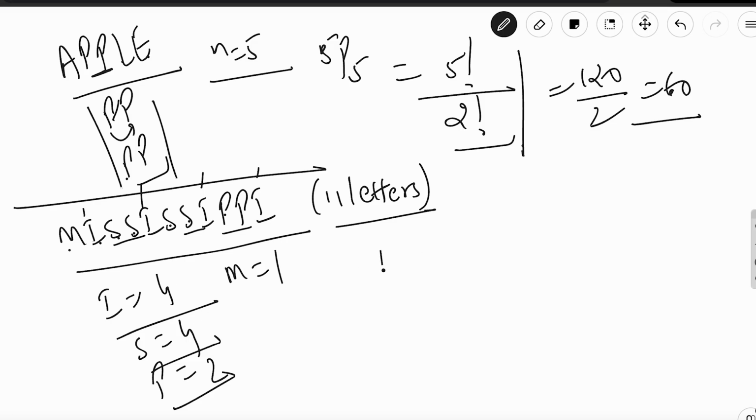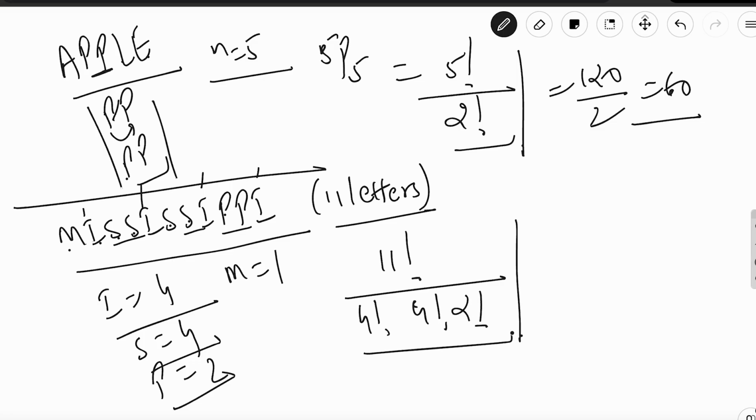So the total permutation will be 11 factorial divided by the repetition, which is 4 factorial into 4 factorial into 2 factorial. If the 11 letters were all distinct, total permutation would be 11 factorial, but that's not the case.